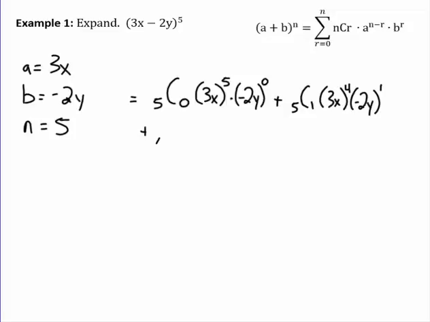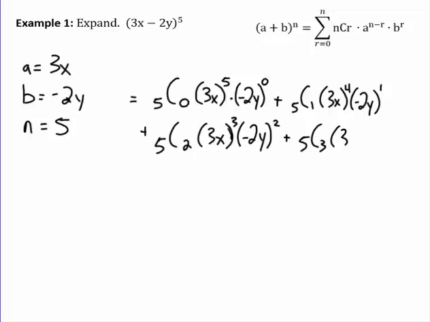Next term, 5c2. It'll be 3x cubed times negative 2y squared plus 5c3, 3x to the 2, and negative 2y to the 3. We're almost there.